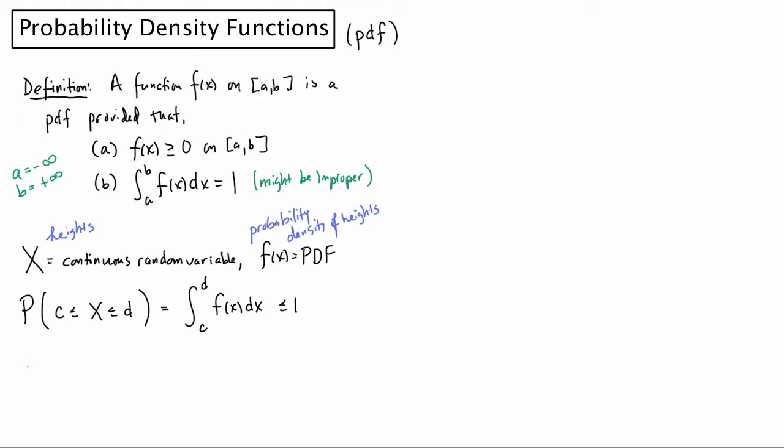Notice another thing that this does is, what if I ask the probability of choosing someone with a specific height, let's say x equal to c? Then this would be the integral from c to c of f of x dx, which we know is 0, because the integral from any point to itself is 0 when integrating over a zero-width interval.